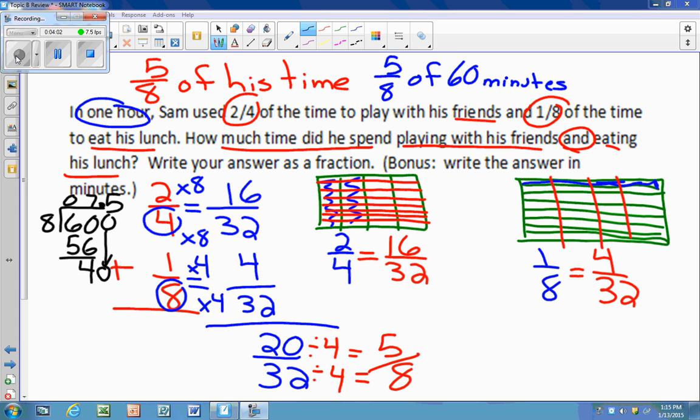So it's 7.5 minutes. So if he has 5 of them, we're going to say that it's 7.5 times 5, because he did it for 5 of the eighths. It was 37.5 minutes is our answer for how many minutes it was.